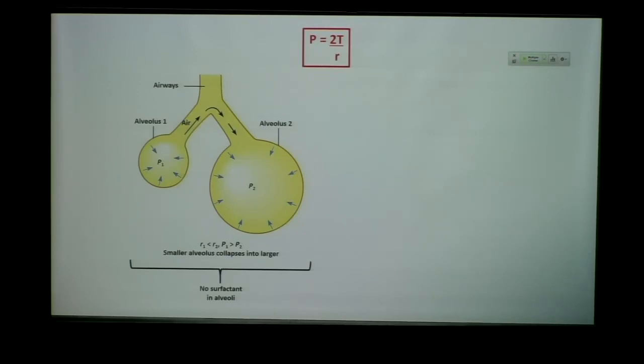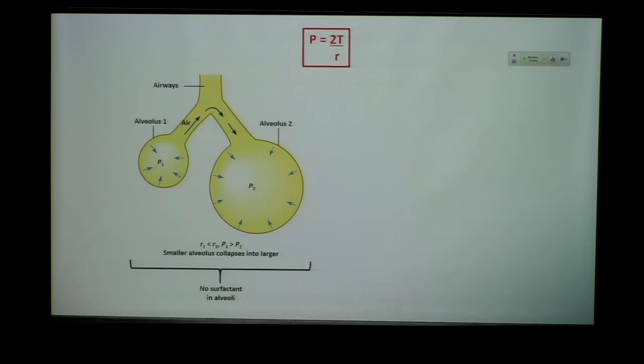Okay, so this slide illustrates the relationship between the pressure that is required to keep an alveolus open, the surface tension that's generated in the alveolus that I was speaking about, those water molecules interacting, and then the radius or the size of that alveoli. So this relationship is called Laplace's law, and the name is not so important as to understand the connection or the relationship between these variables.